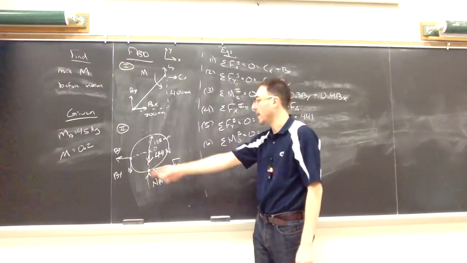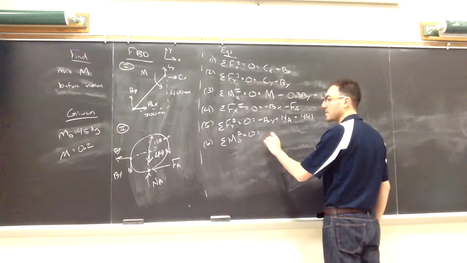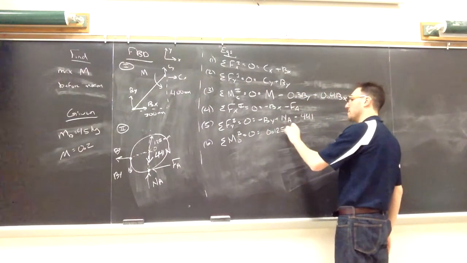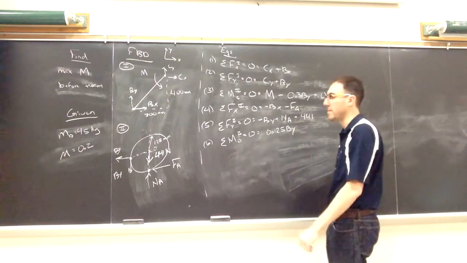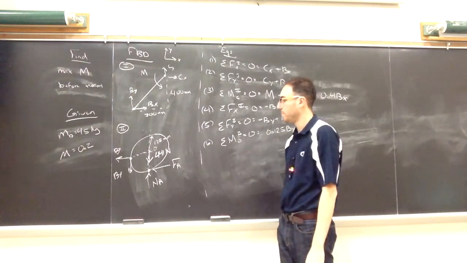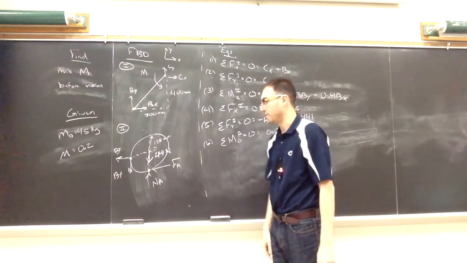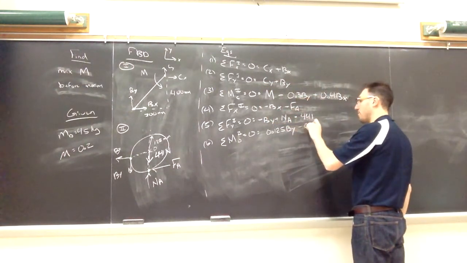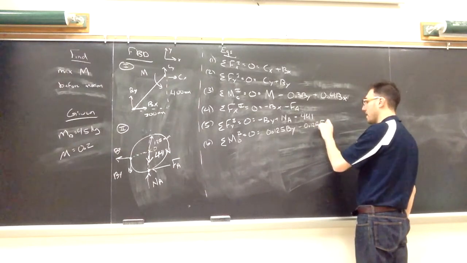The way I've drawn By down, it's going to be then a positive 0.125 times By. Again, I'll convert everything to meters for this. And I have the friction force, and that's going to be a negative 0.125 times Fa.